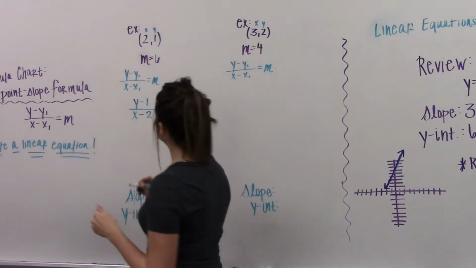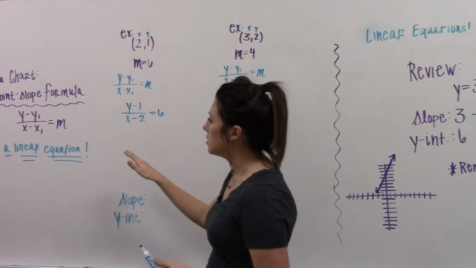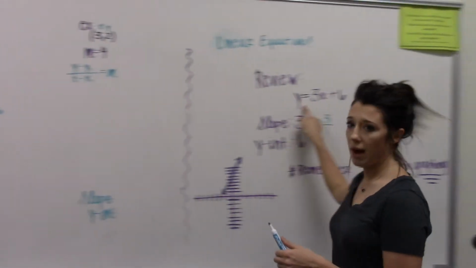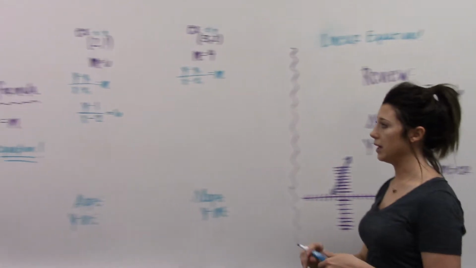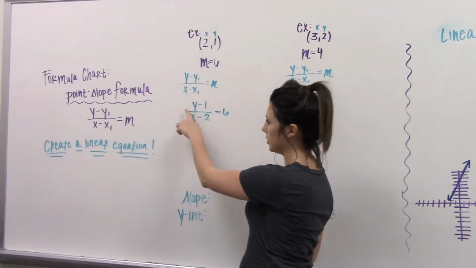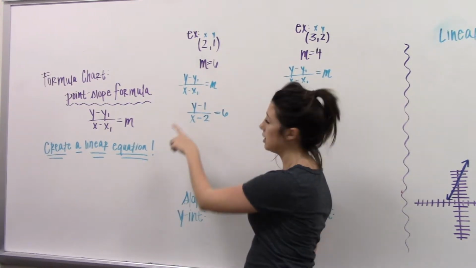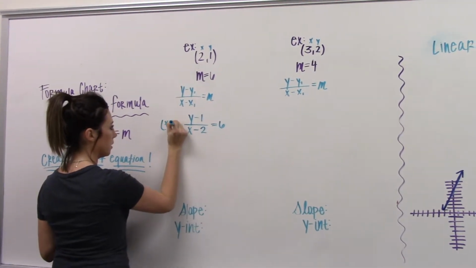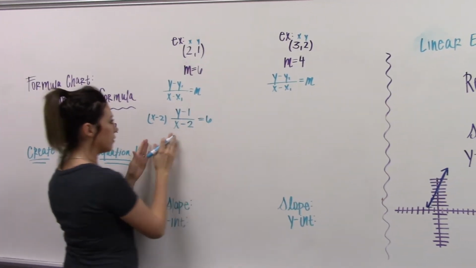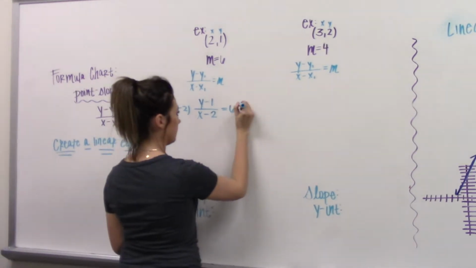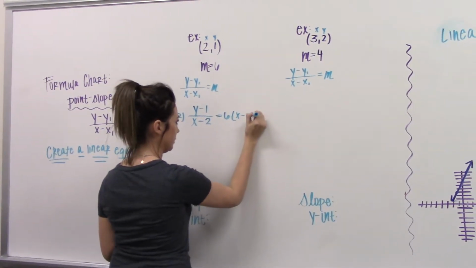Okay, so since we're trying to figure out our point slope formula and create a linear equation, we have to get y by itself. So we're going to go and get y by itself, which y is in the numerator, so we want to get rid of the denominator, and we're going to multiply to get rid of it. And whatever we do on this side of the equal sign, we have to do on the other side of the equal sign. So we're going to multiply 2.